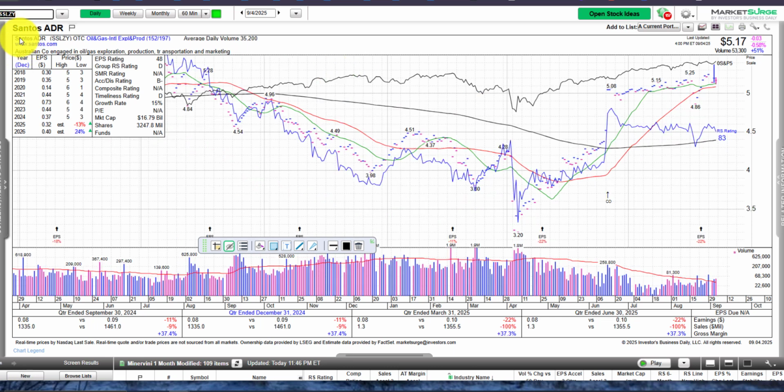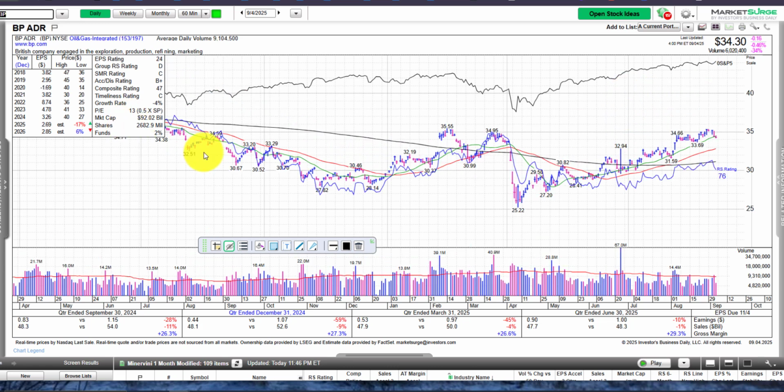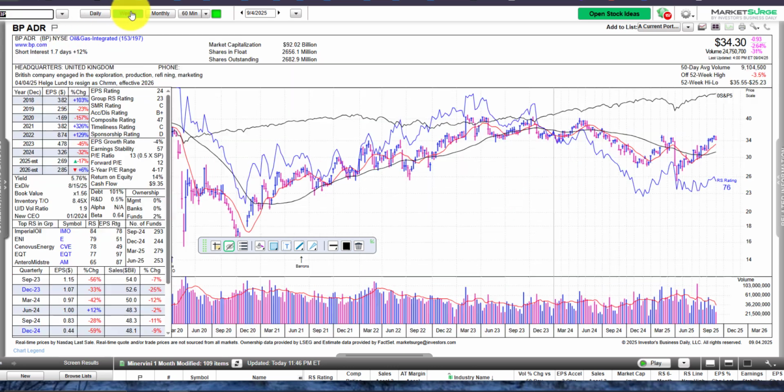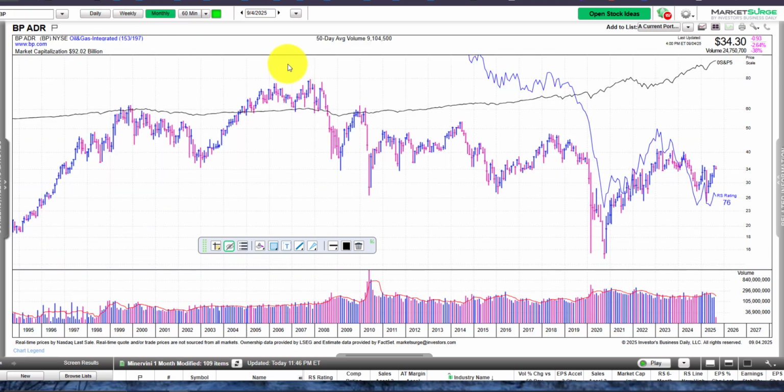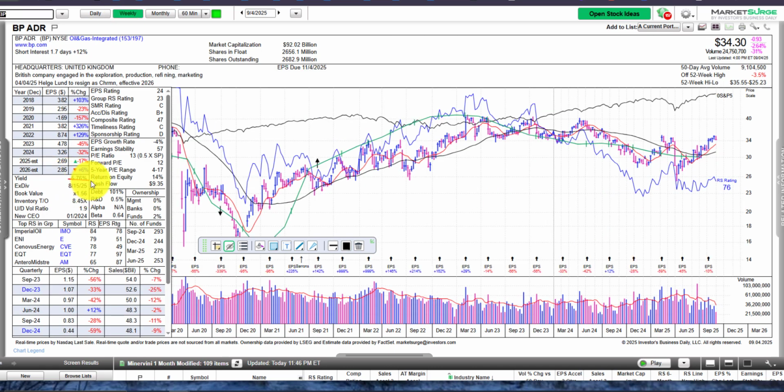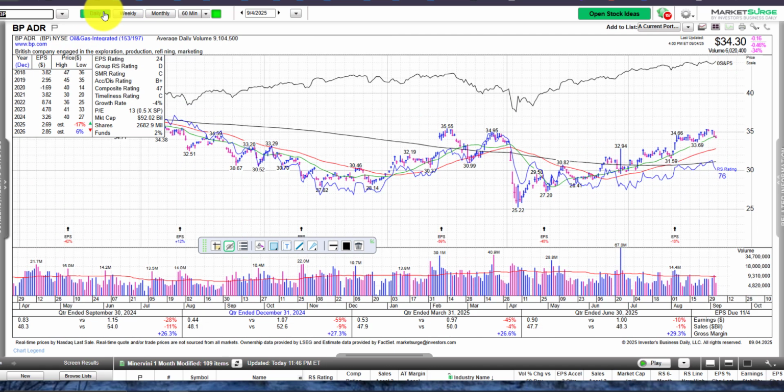So far we are striking out. Australian gappy little thing. Here's British Petroleum, BP. Wow. Long term looks terrible, doesn't it? Nice dividend. The daily, though, it looks actually pretty good. A little laggy, though.